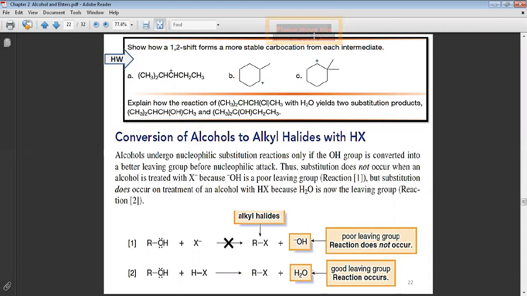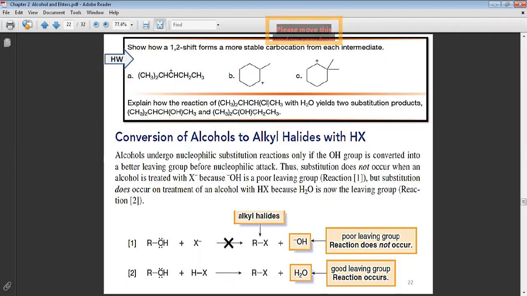Okay, explain how the reaction. He said here, explain how the reaction of this compound with H2O yields substitution products, this and this.